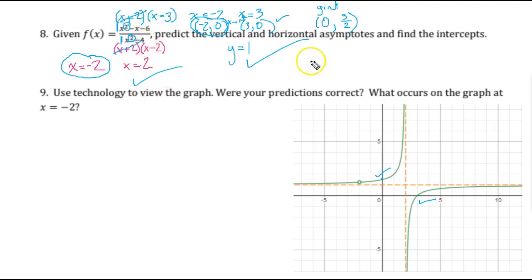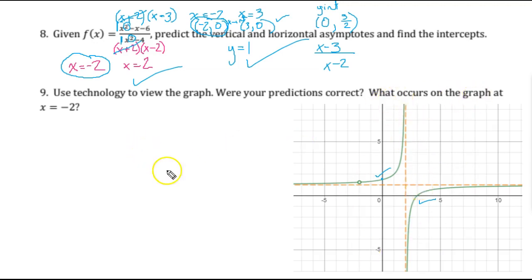So what we actually ended up graphing was x minus 3 over x minus 2. By our rules from the previous lesson, we would have a vertical asymptote at 2, a horizontal asymptote at 1, an x-intercept at 3 and a y-intercept at 3/2. And that is actually what we had.